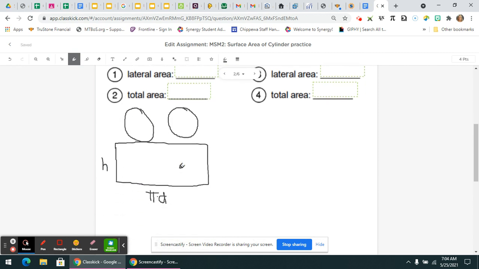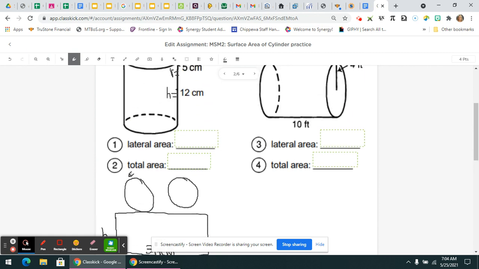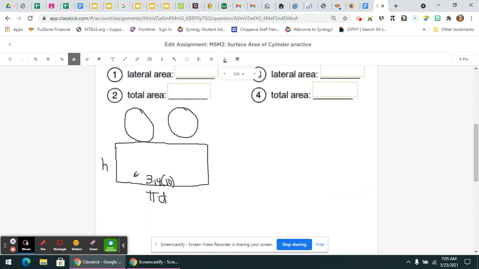So now when I go back down, I'm going to calculate the lateral area first. I'm going to use 3.14 for pi, 3.14 times my diameter. My diameter is 10. I'm going to use parentheses to show multiplying. And I need to multiply pi times d times my height, which here I see my height is 12.